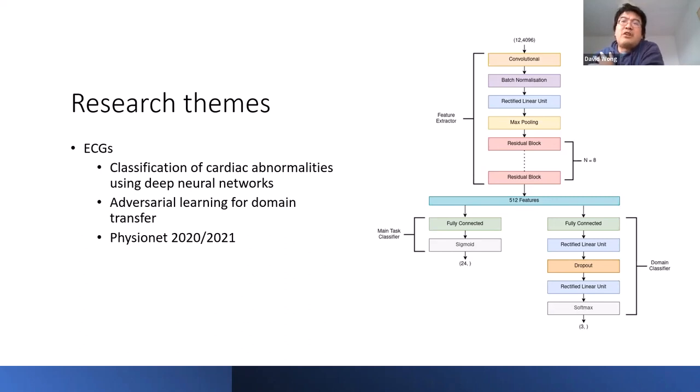So we've been trying to classify 25 common conditions by training various neural networks. And of course, we're not the only ones to do this, but our most recent approach is going beyond just throwing the latest and greatest convolutional neural network architecture at the problem by really trying to address the issue of generalization.